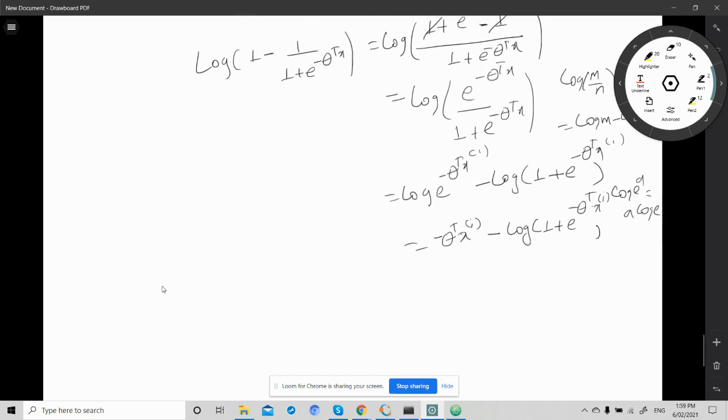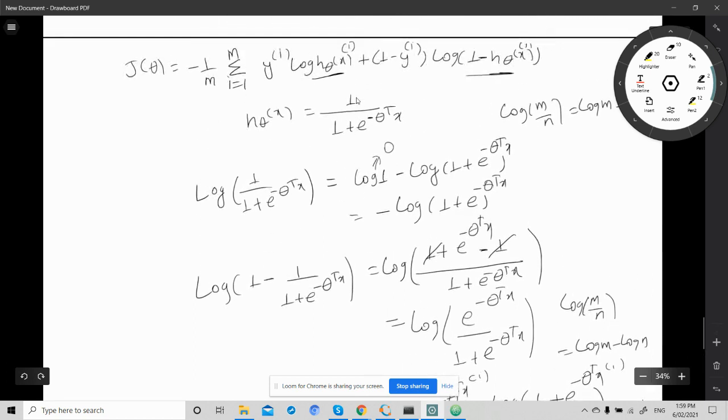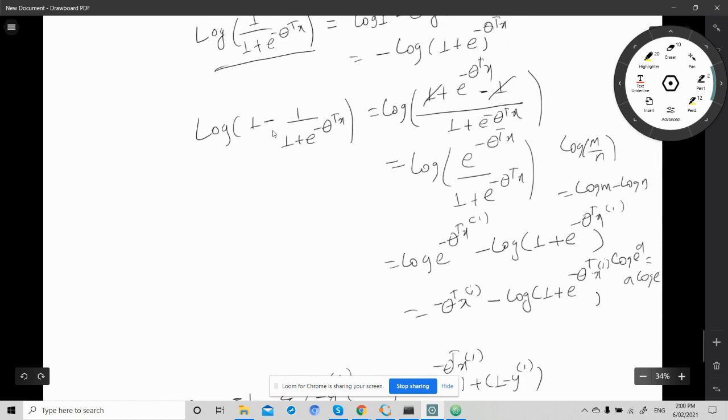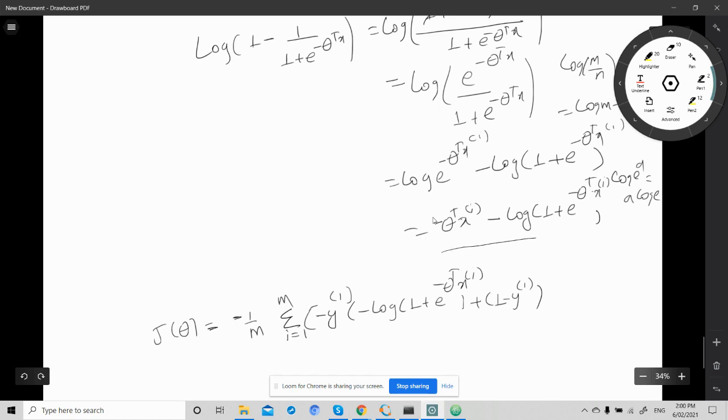So my final J of theta would be minus 1 by m sigma i equals 1 to m, yi times log of e to the power minus theta transpose of xi, minus log of 1 plus e to the power minus theta transpose of xi, plus 1 minus yi times log of 1 minus h, for which I have written this equation.